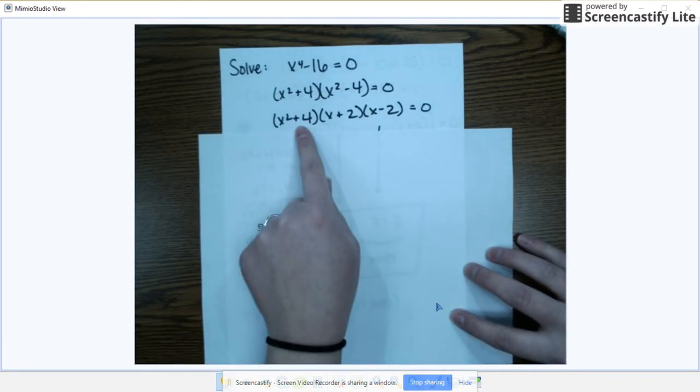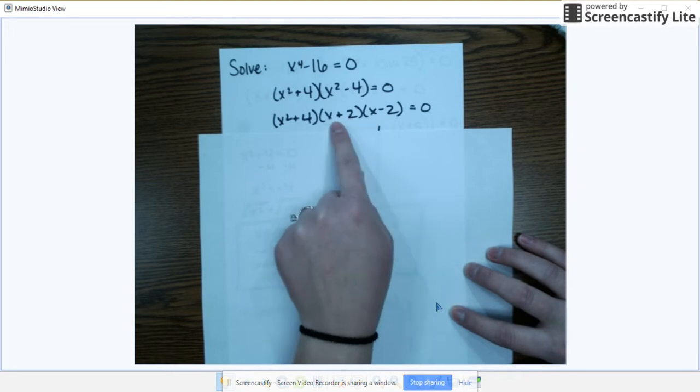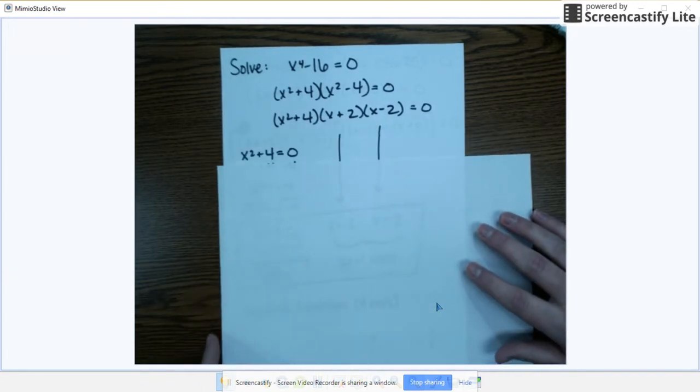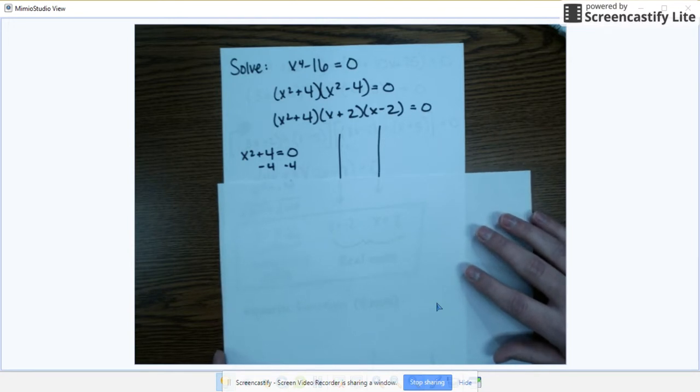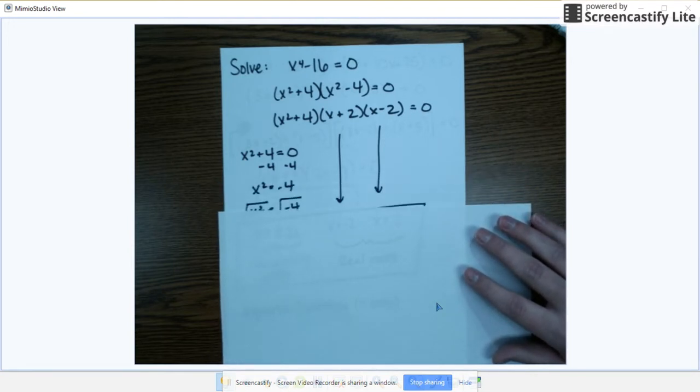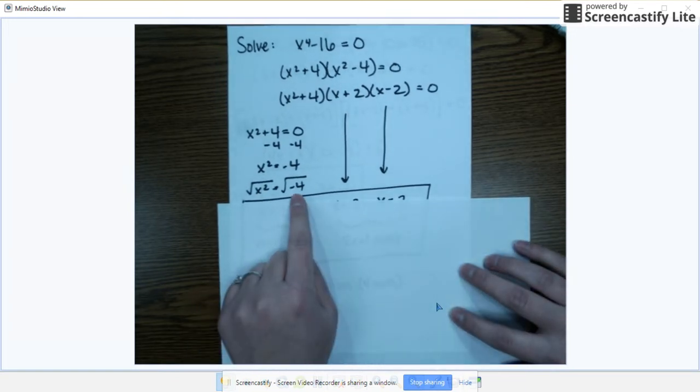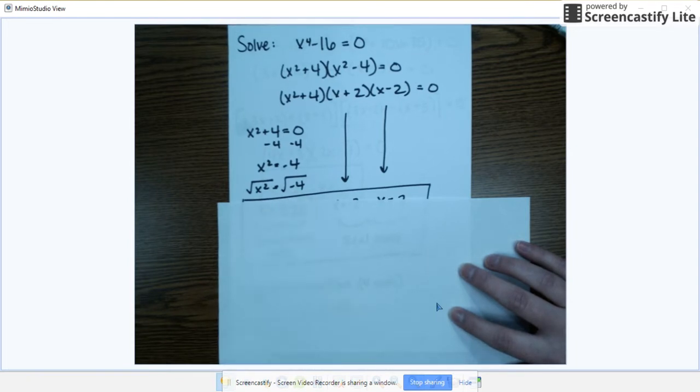So we need to take each piece and set it equal to 0, and these two are pretty obvious ones. But this x squared plus 4, when we set that equal to 0, subtract 4, take your square root of both sides. Now we know how to solve this. We have imaginary numbers, so we can give an imaginary root.